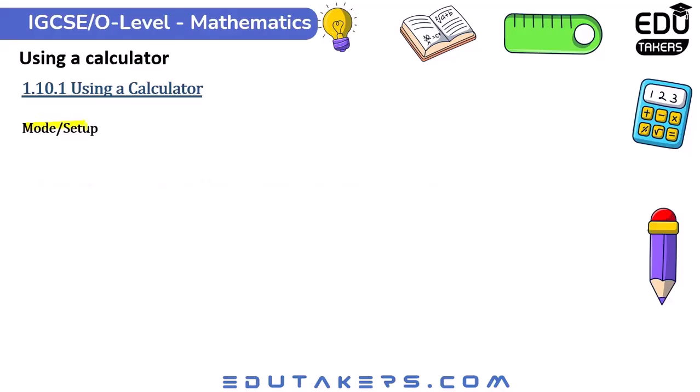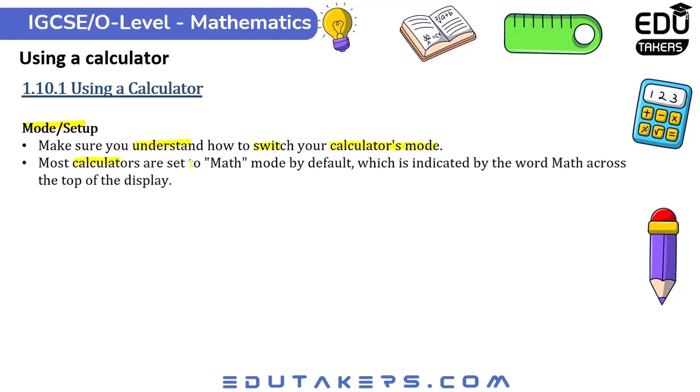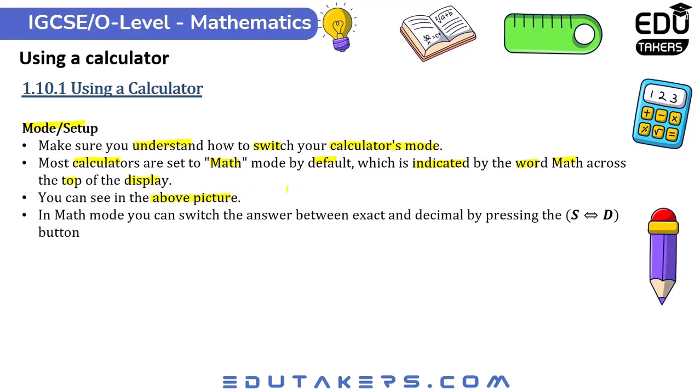Mode or setup. Make sure you understand how to switch your calculator's mode. Most calculators are set to Math mode by default, which is indicated by the word Math across the top of the display. You can see in the above picture.